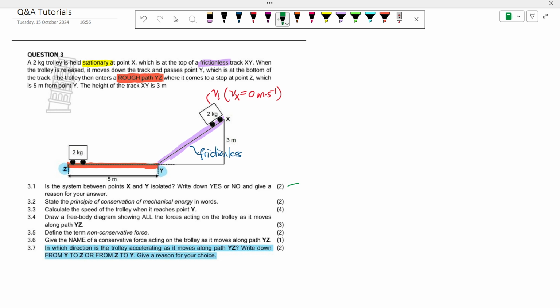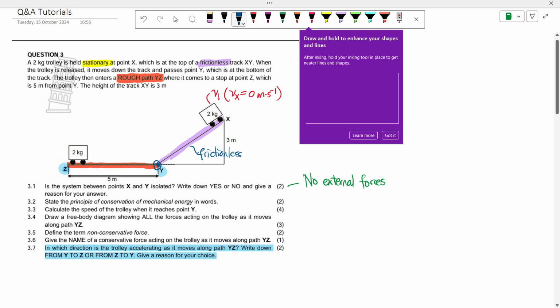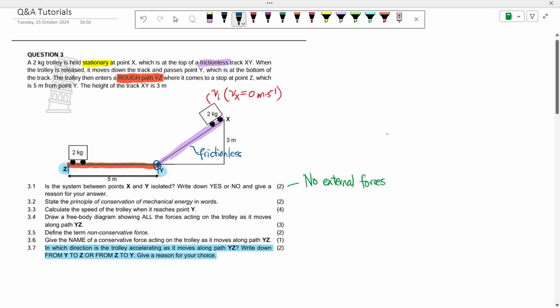So we'll say there are no external forces. Therefore, which energy principle should you use to calculate a value from X to Y?